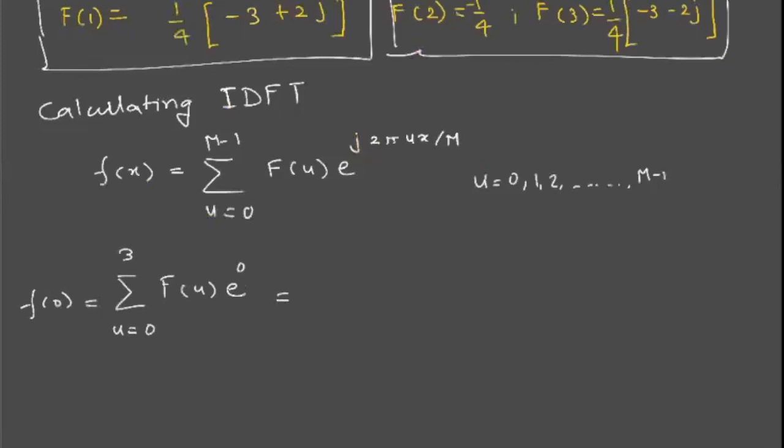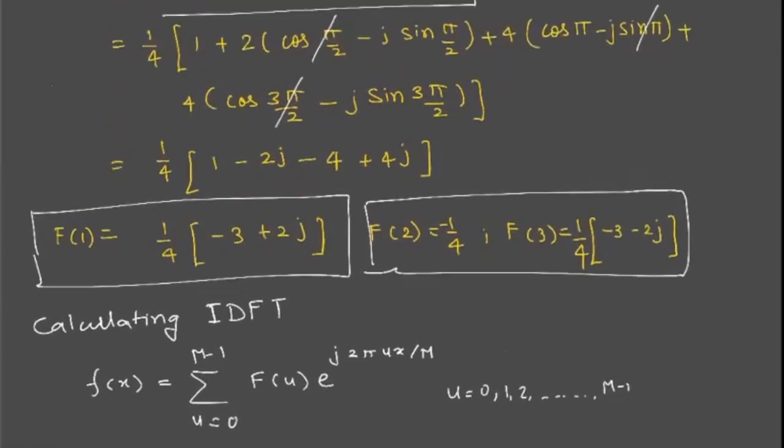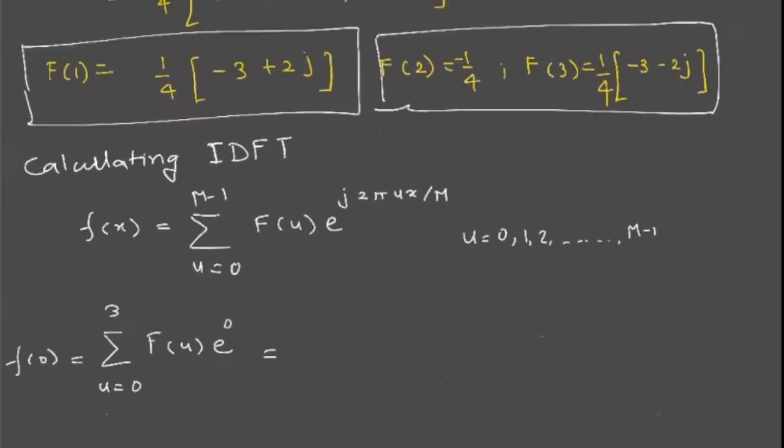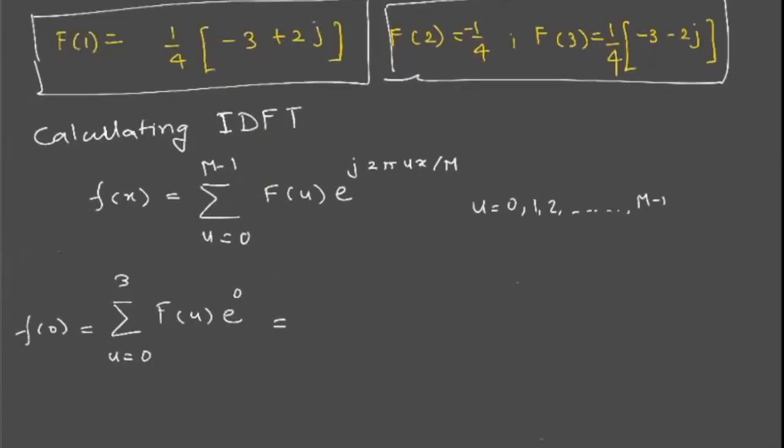So we have to add all the values. For this, we will also need f of 0. What was our f of 0? F of 0 was 11 by 4. So let us write. I will just take 1 by 4 as common. So 11, second term is minus 3 plus 2j, third term is minus 1, and fourth term is minus 3 minus 2j.